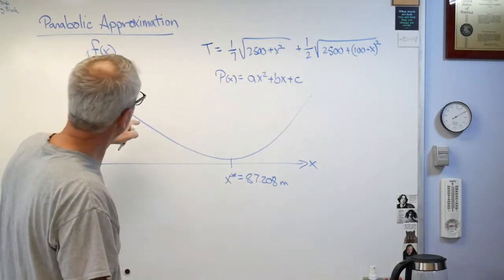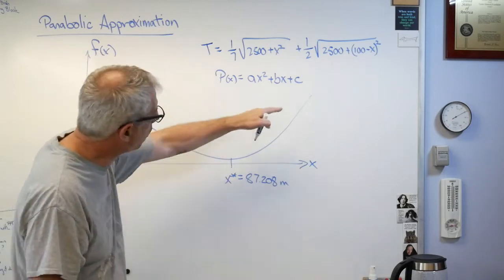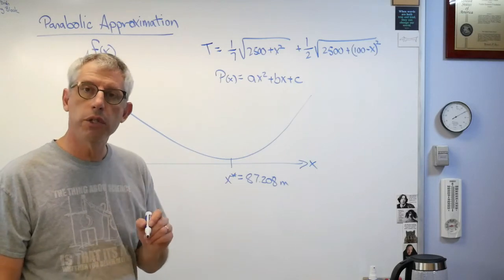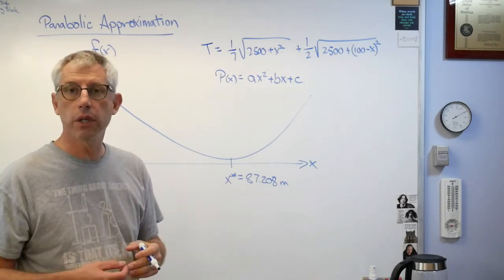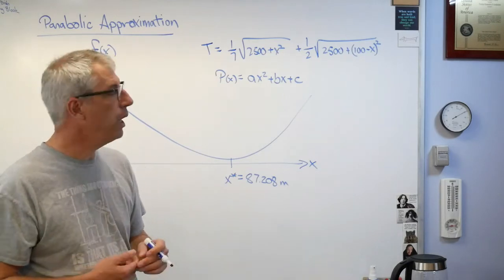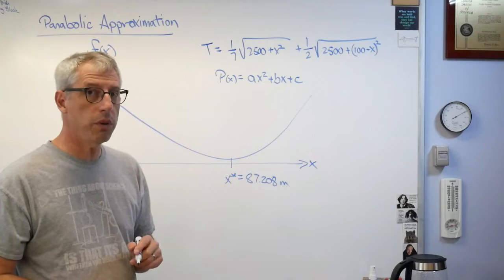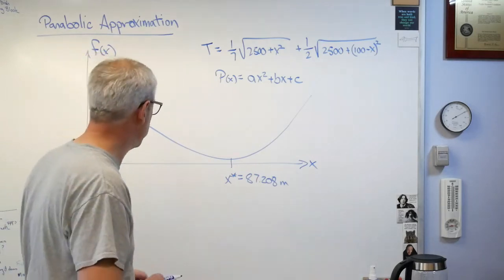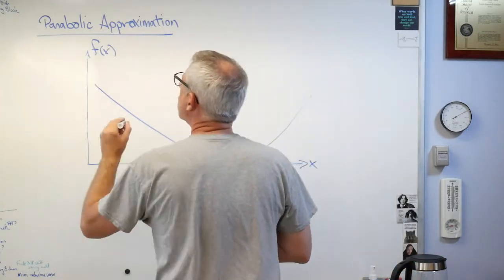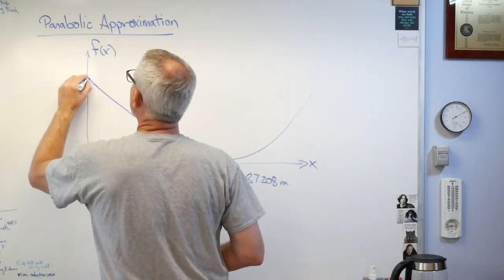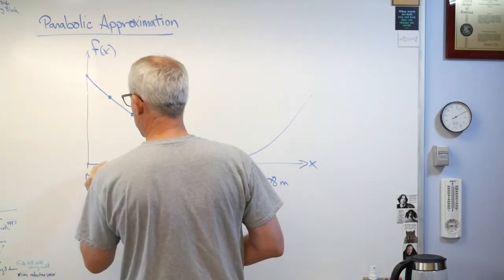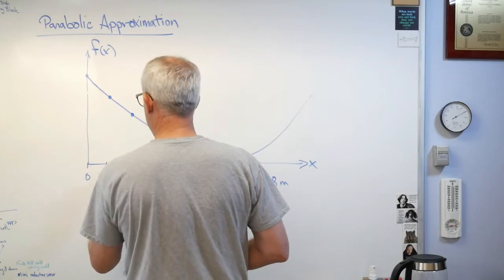So if I could pick 3 points along this curve, put a parabola through it, just write down the minimum of that parabola, and then go check to see if my objective function has gotten smaller, and then reapproximate a couple of times, I might be able to get to there pretty quickly. Let's see how that might work. Let's pick 3 points: 0, 10, and 20.